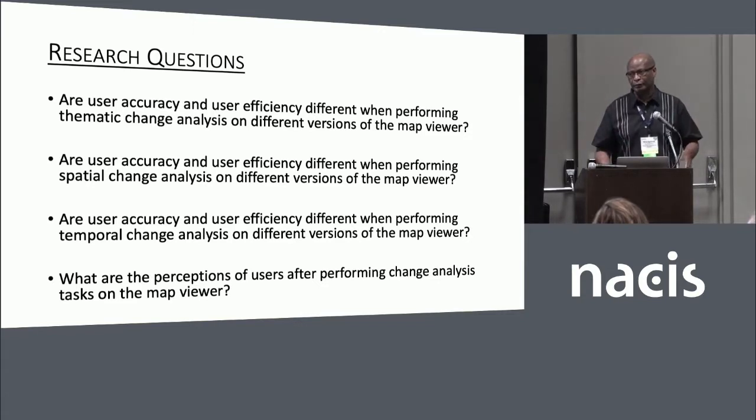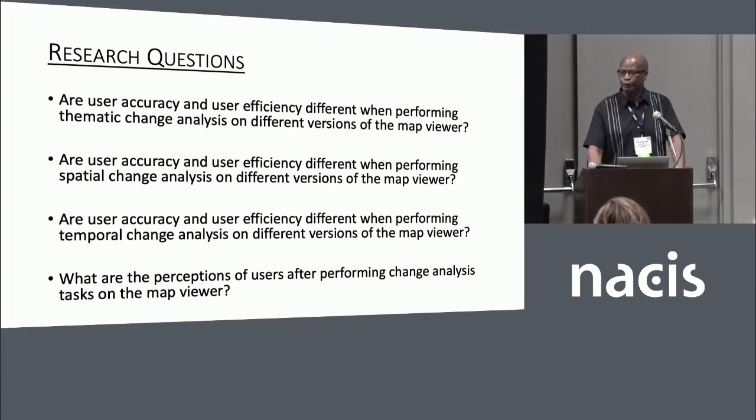So we asked some research questions here. We wondered whether if we designed two interfaces and we changed, for example, the symbolization, or we added text there, we wanted to know whether that would improve accuracy or efficiency in terms of performing thematic tasks.